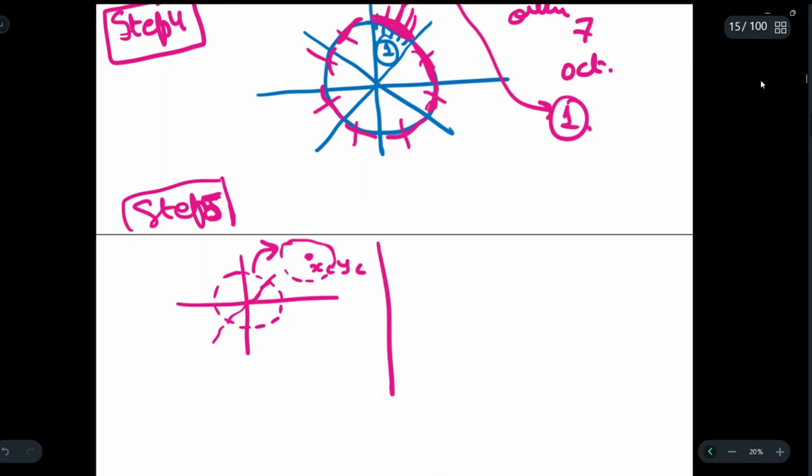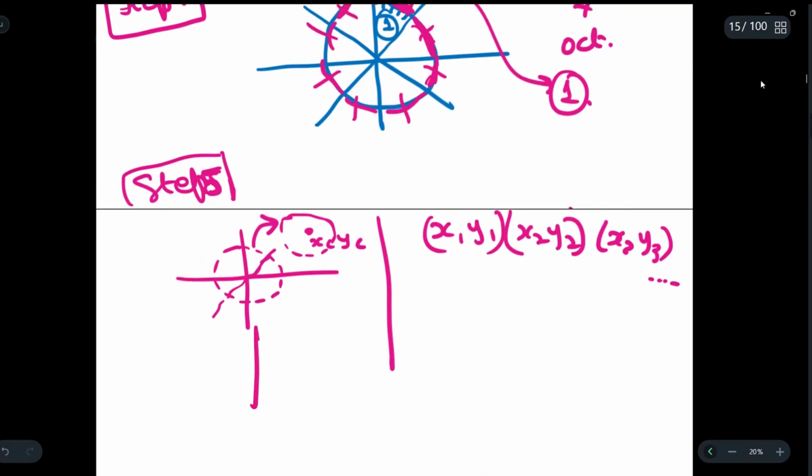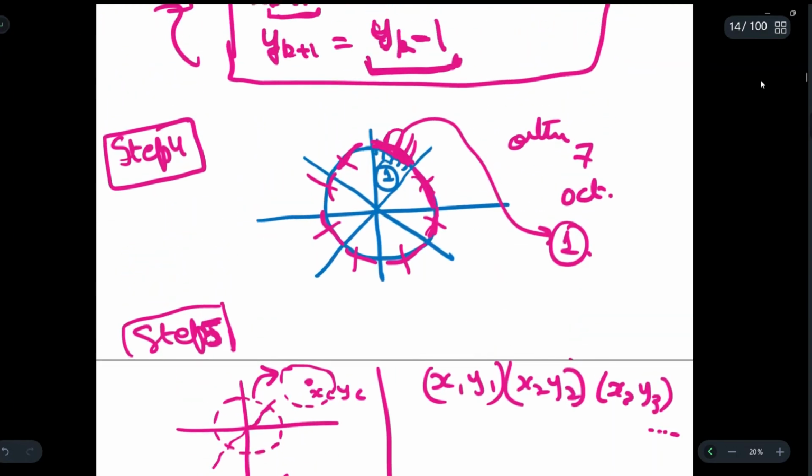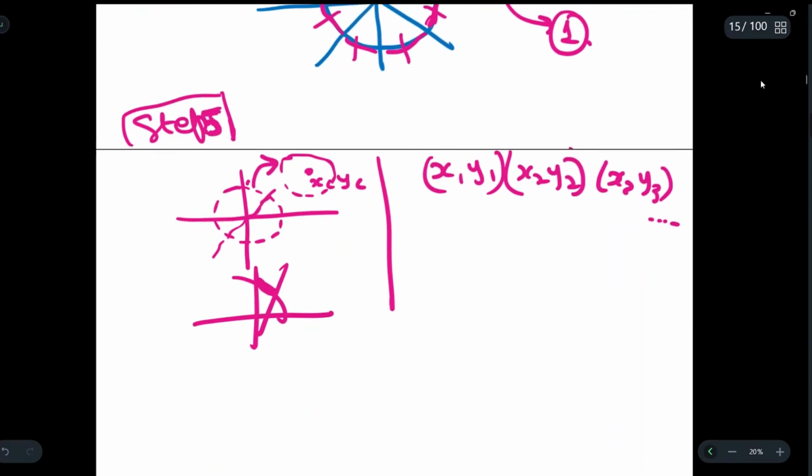In order to do that, it is very simple. Suppose we have found the coordinates x1 y1, x2 y2, x3 y3, and so on. These are the coordinates for the first octant. To move them to the original position, we simply add xc to each of the x coordinates and yc to each of the y coordinates. That is, x dash will be equal to x1 plus xc and y dash will be equal to y1 plus yc.